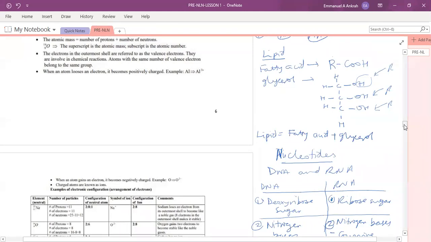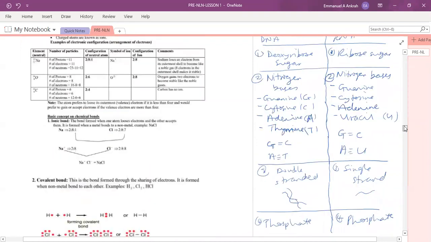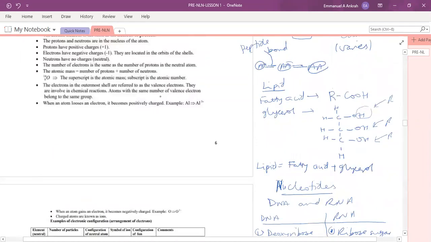So basically what I'm saying is that if you take the atom, it has a nucleus. And the nucleus will have the protons and neutrons.